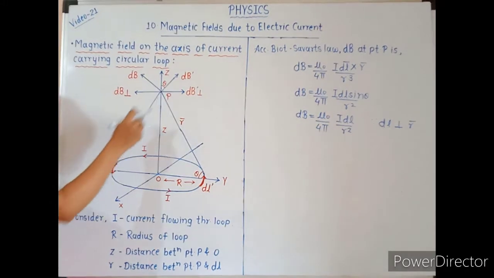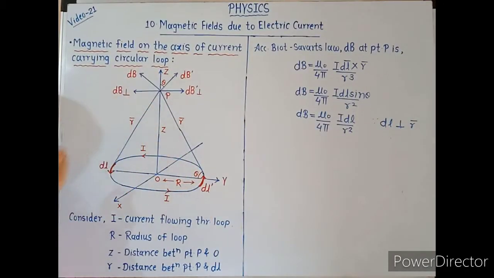Now consider this is a right angle triangle. According to Pythagoras theorem, small r square is equal to capital R square plus z square.